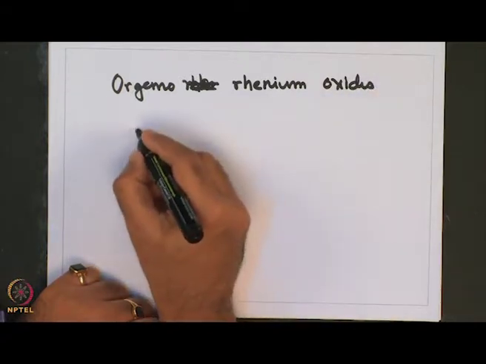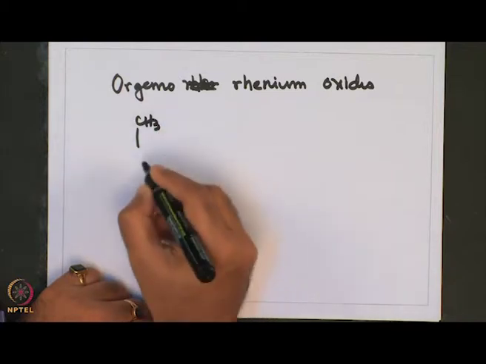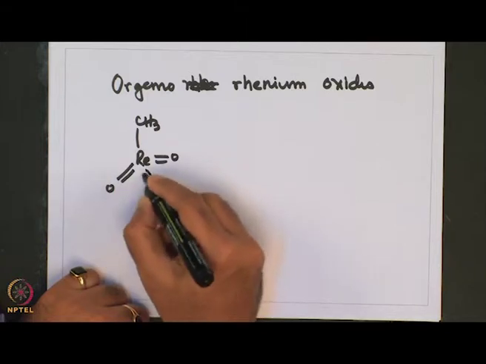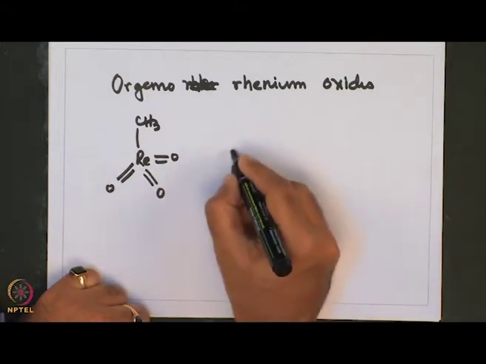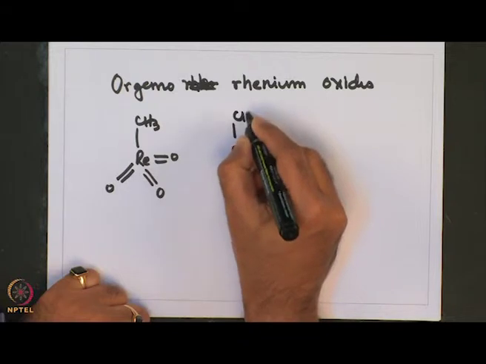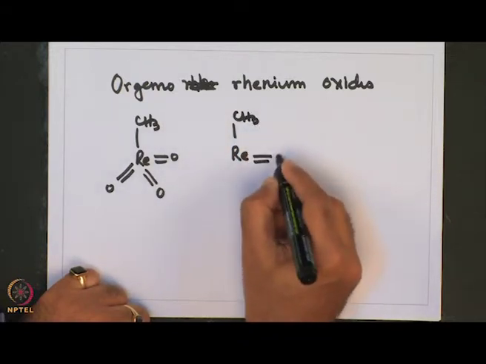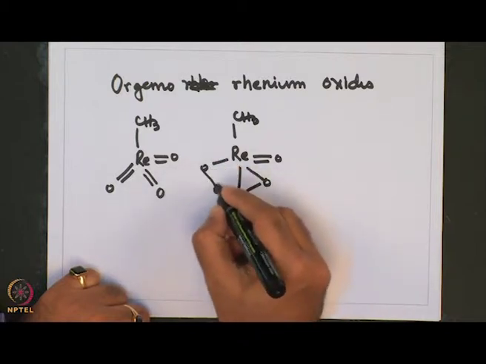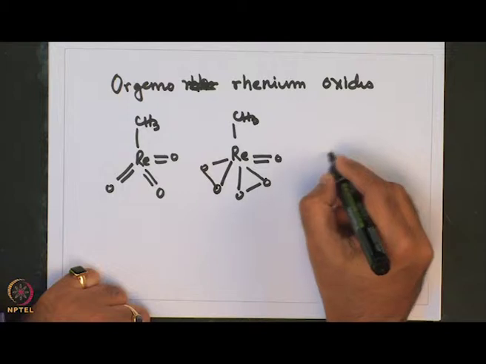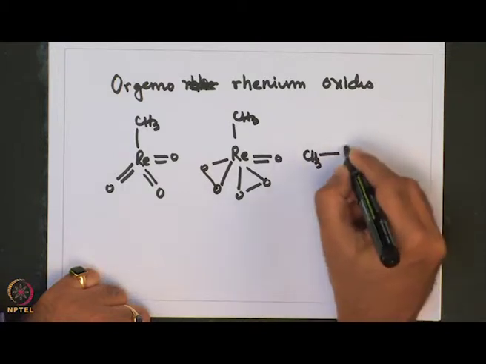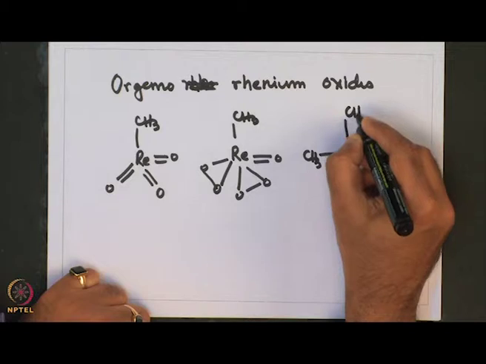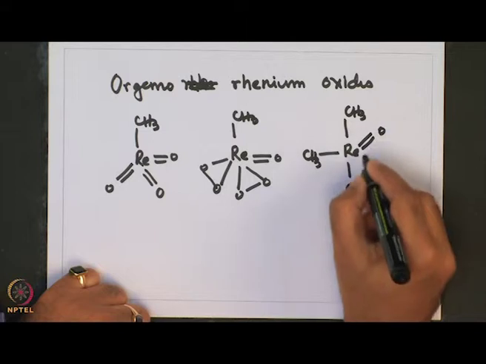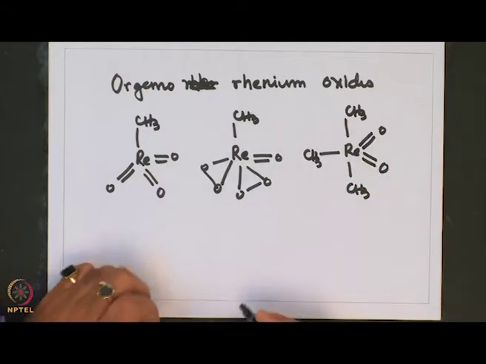As discussed in our previous class, this can be rhenium trioxomethyl, or rhenium methyl oxo peroxo, or trimethyl rhenium oxo.